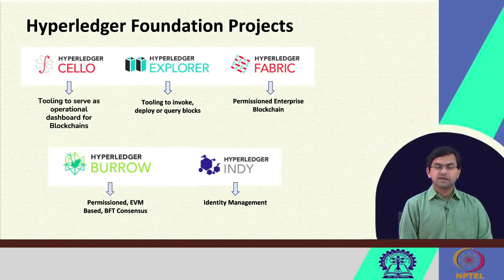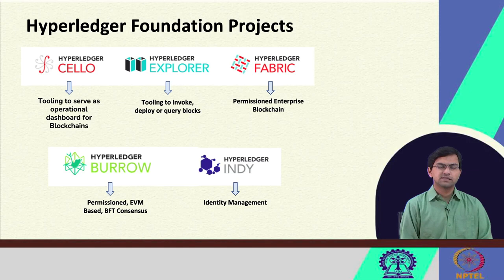So the Hyperledger Foundation projects include different varieties of projects. There are a few examples here. Hyperledger Cello is a tooling to serve as operational dashboard for blockchains, whereas Hyperledger Explorer is a tooling to invoke and deploy or query blocks.